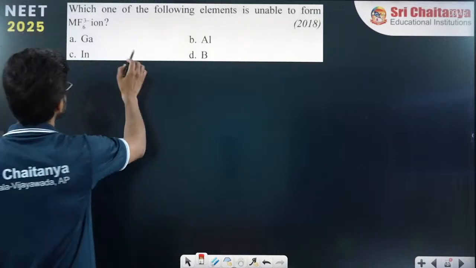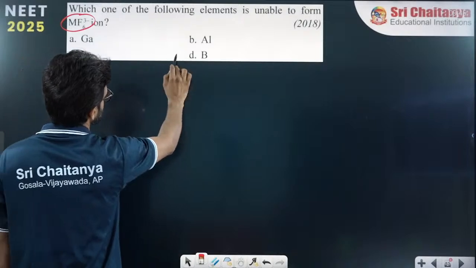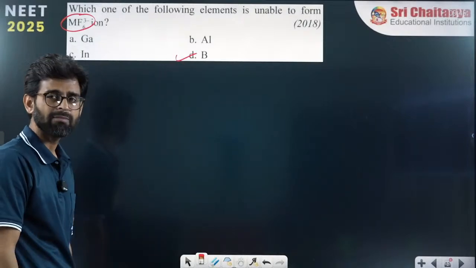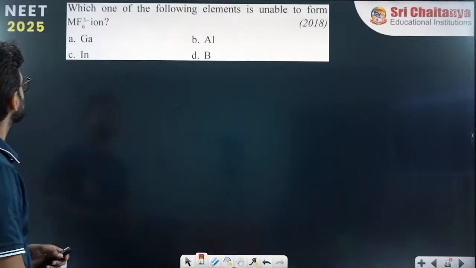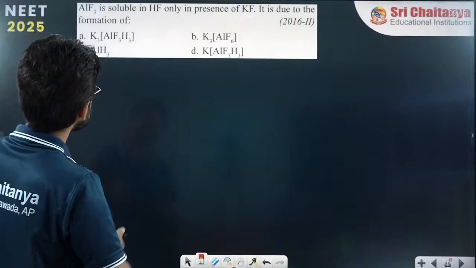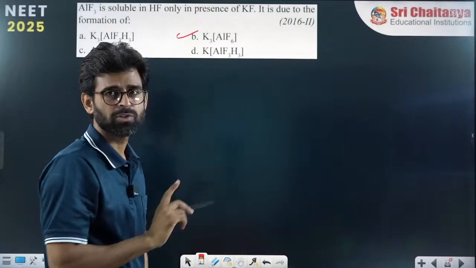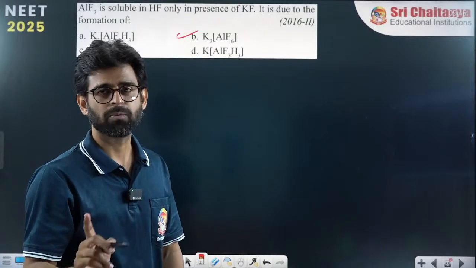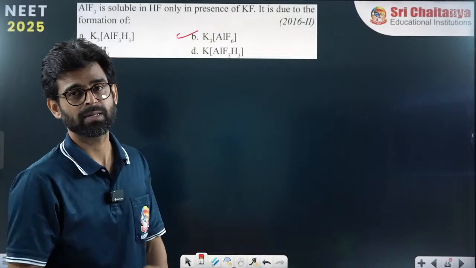Definitely out of these, MF6 3 negative has to make 6 bonds, not possible by boron. It can't have covalency more than 4. This way you can go. AlF3 is soluble in HF and definitely makes this compound, where aluminium can make 6 bonds, not an issue. Aluminium can make 6 bonds because vacant d orbitals are available here, but boron cannot.